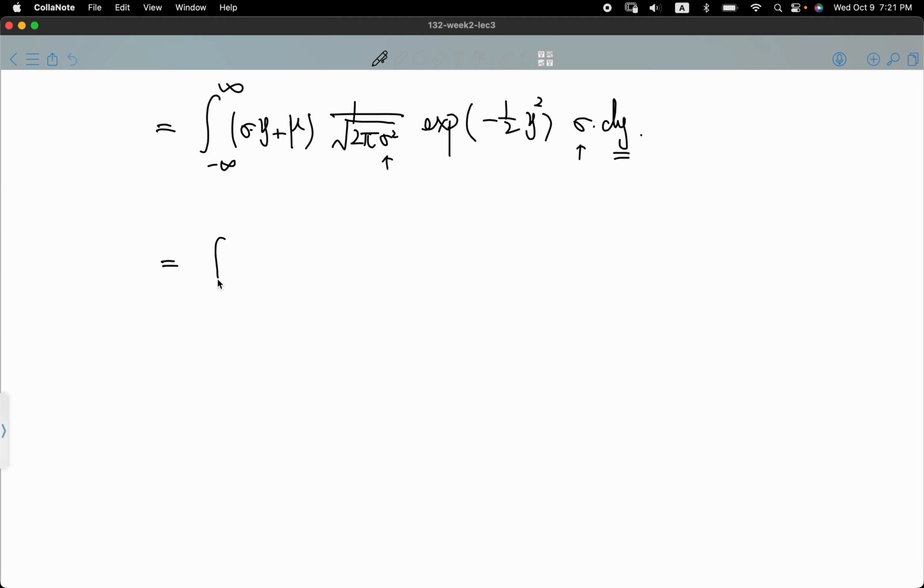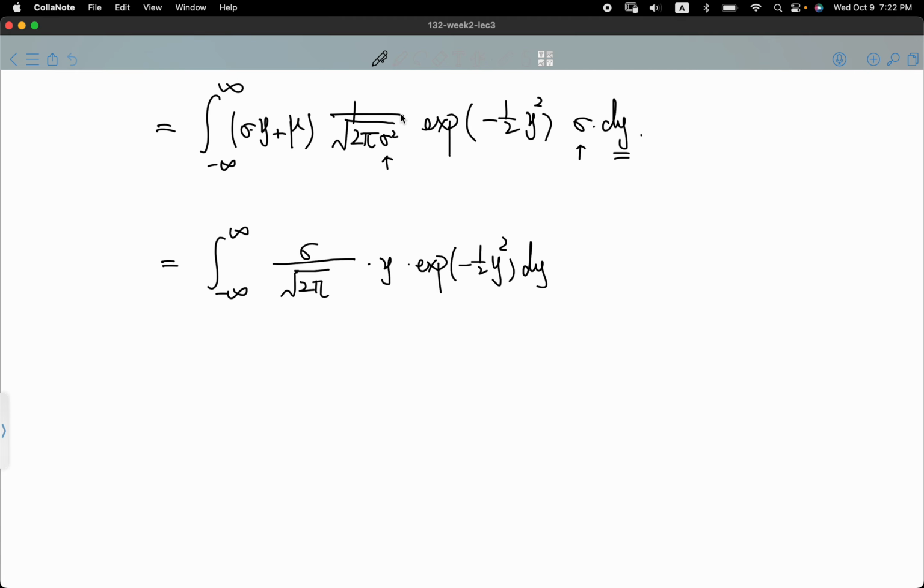So what we get is an integral with a sigma from here over the square root of 2 pi from here, and then you have a copy of y, and then exp of negative 1/2 y squared dy.